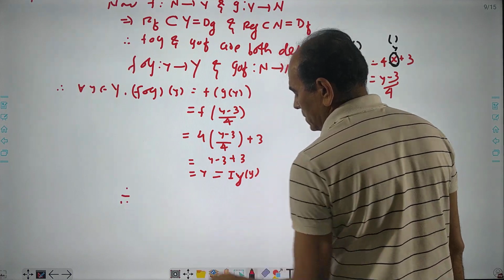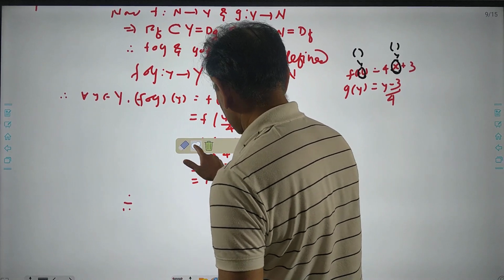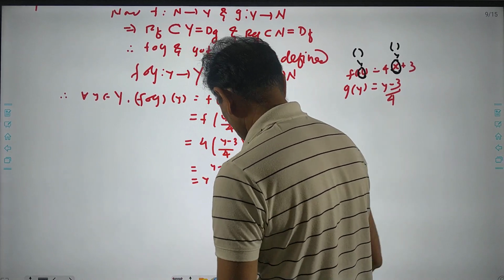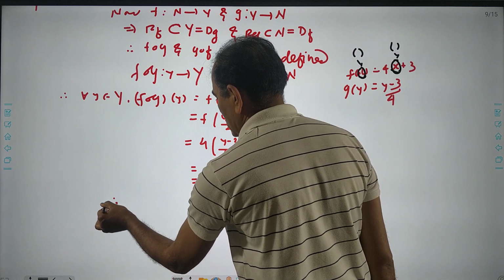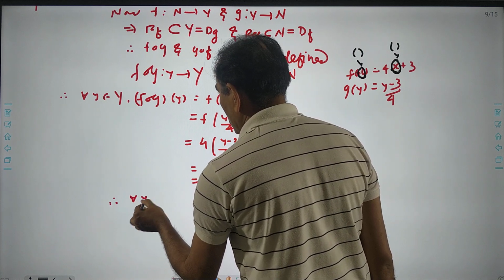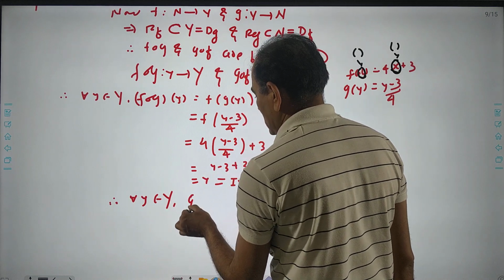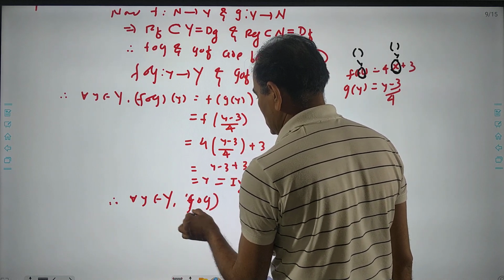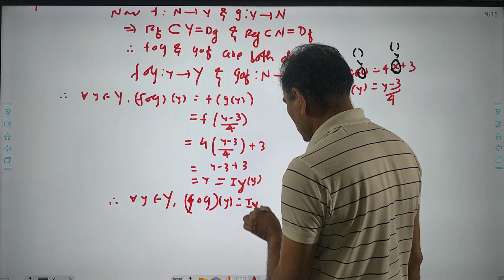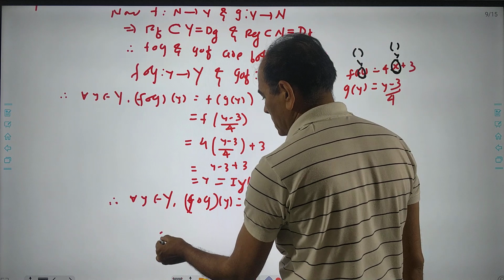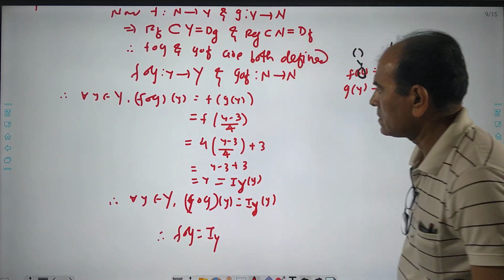And therefore for all y belongs to Y, (f of g) at y is equal to I_Y at y, and therefore f of g is equal to I_Y.